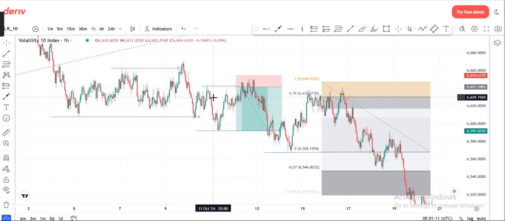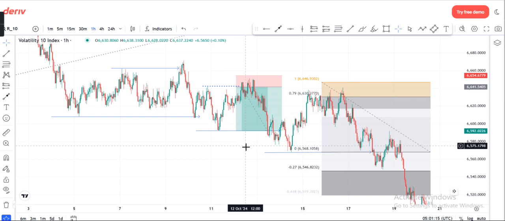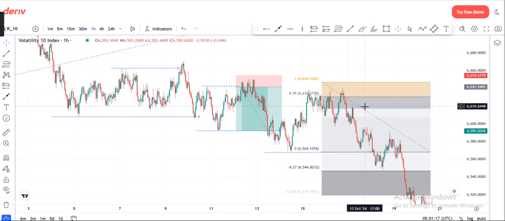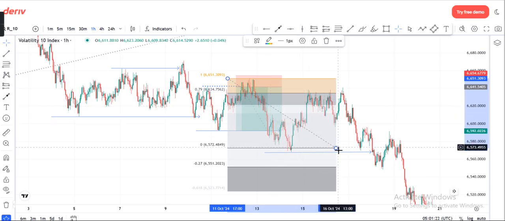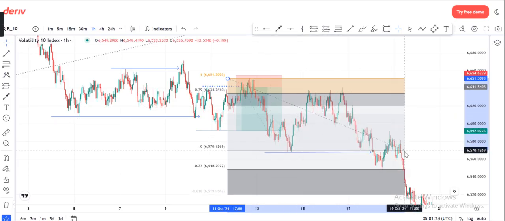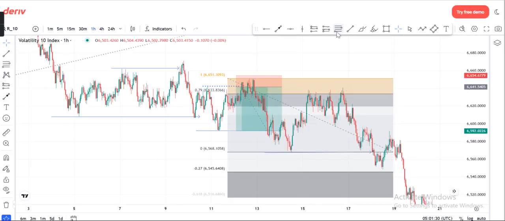So now we have liquidity taken out again to the upside, and we have break of structure to the downside. What can we now clearly do? We can now place our level from point A down to point B, and what are we clearly looking out to do? We are looking out to take our trade ranging from this particular level.